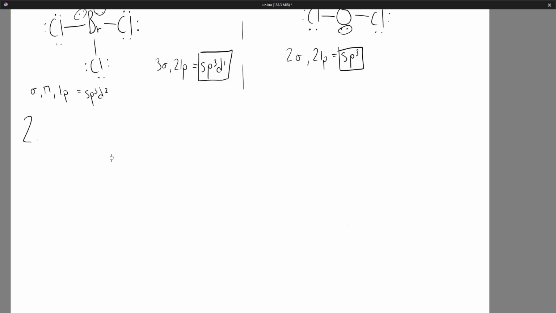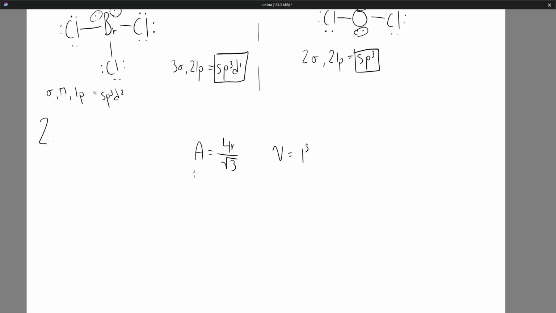So we're going to be using the a equals 4 radius over the square root of 3, and the volume equals length cubed equations. I got this from the body-centered cubic unit structure, since that's what chromium adopts.